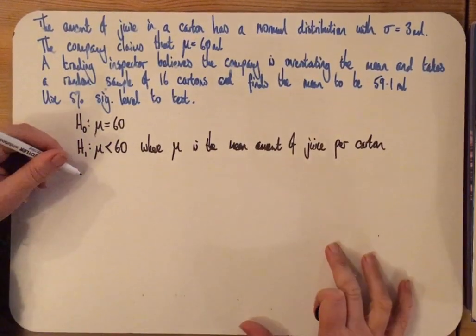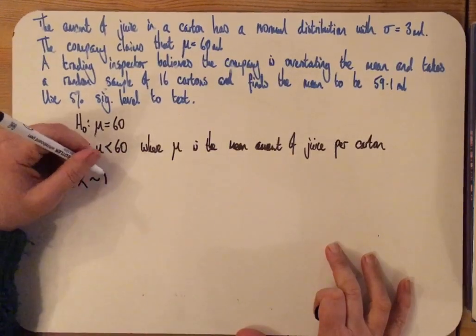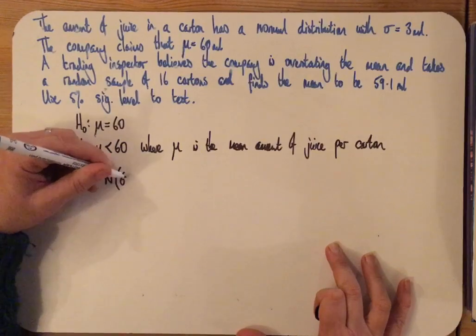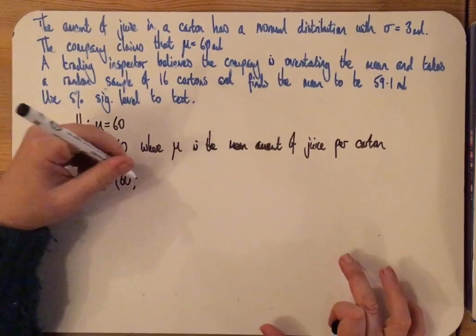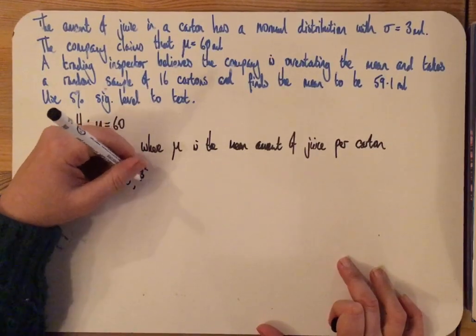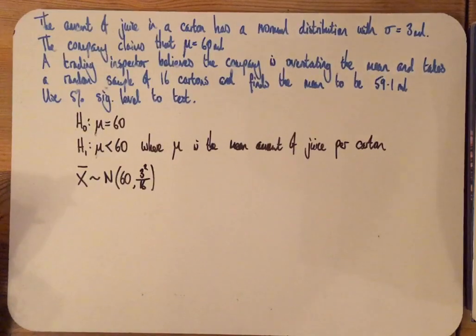So the mean of the samples, so they're normally distributed, and the nice thing is the mean stays the same as it is in the population, and the variance is 3 squared over 16.